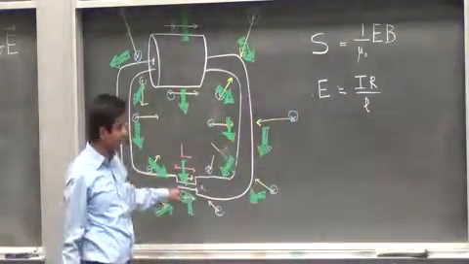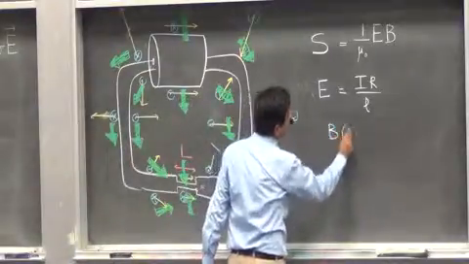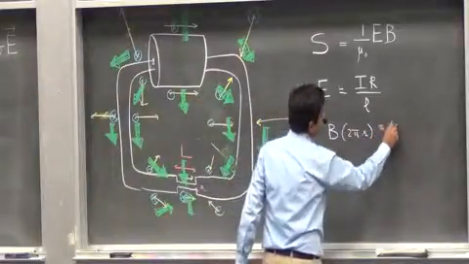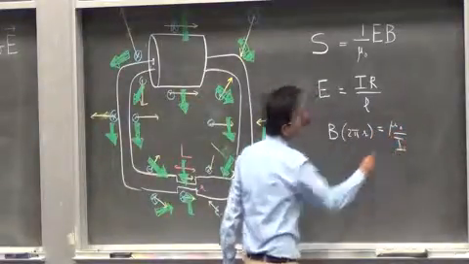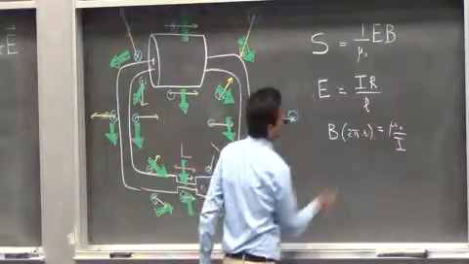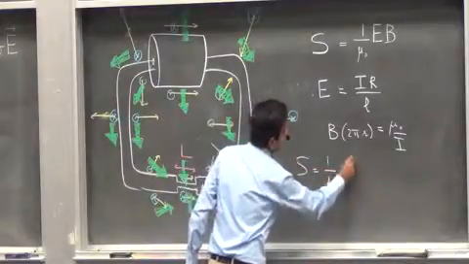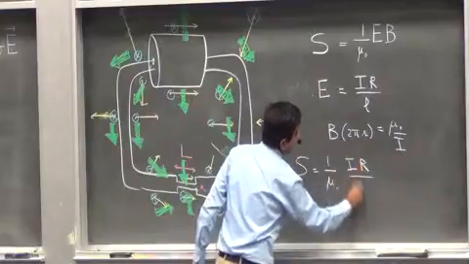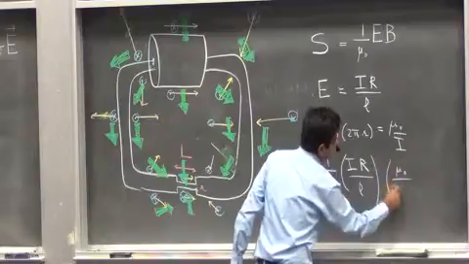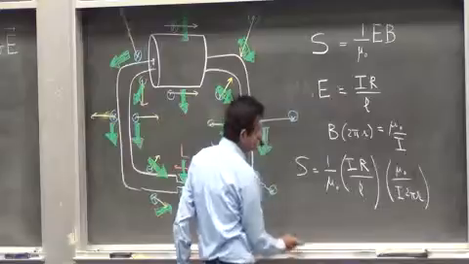R is the resistance of this object. What is B? B times 2 pi small r is mu naught I, so B is mu naught I over 2 pi r. S becomes 1 over mu naught, E is I R over L, and B is mu naught I over 2 pi R. Let's do some cancellations.